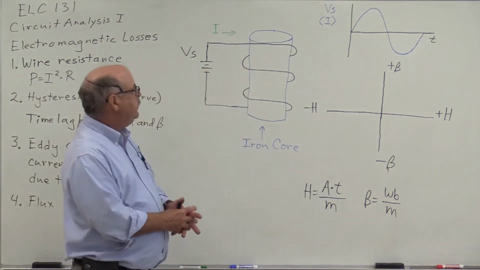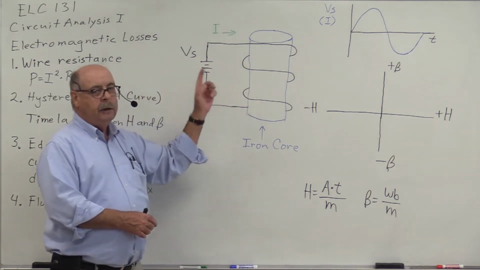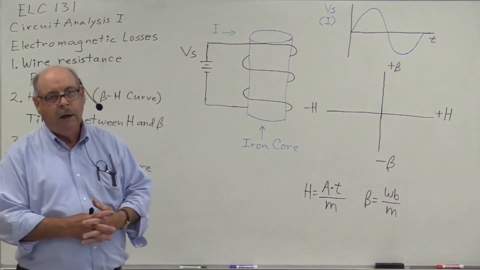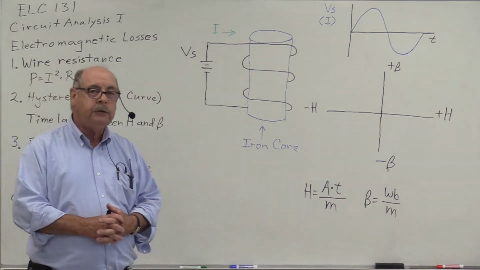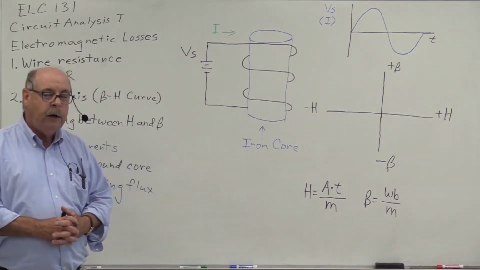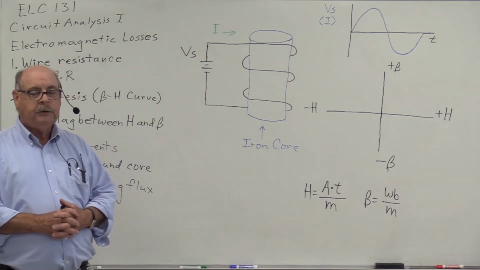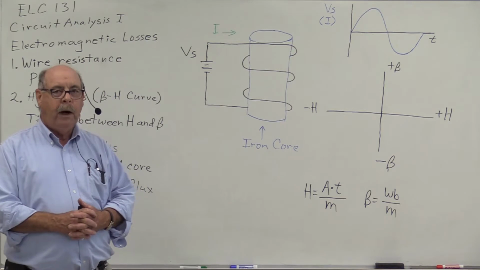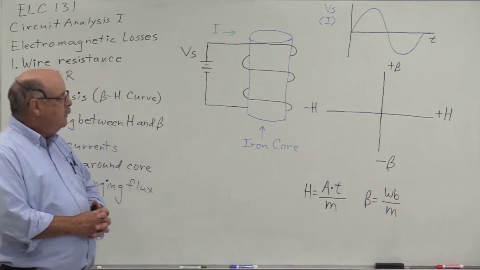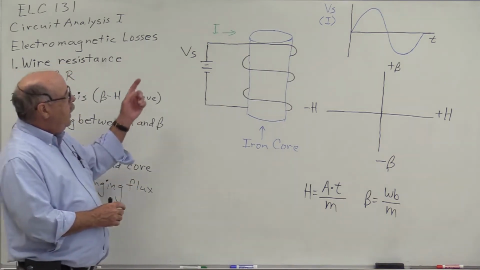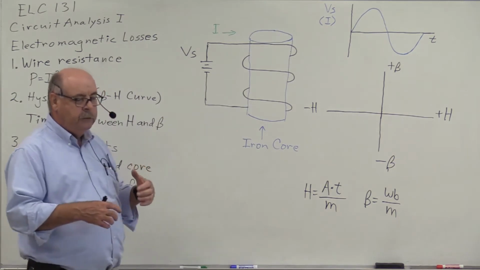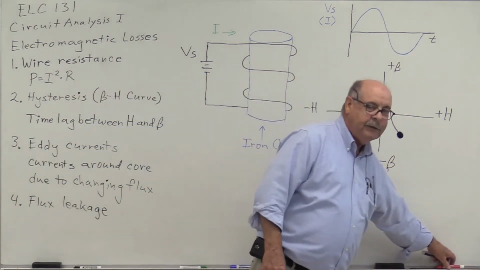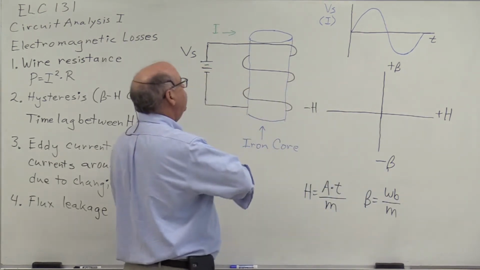Now, the resistance of this winding can be a few ohms, but it can also be more than 100 ohms, depending on the length of wire and the cross-sectional area, or the diameter, or the wire gauge. So, again, when we have current flow, we're going to dissipate power, and this power is dissipated in the form of heat.